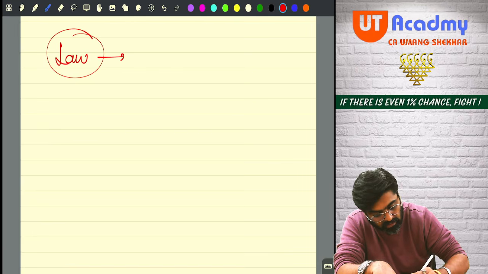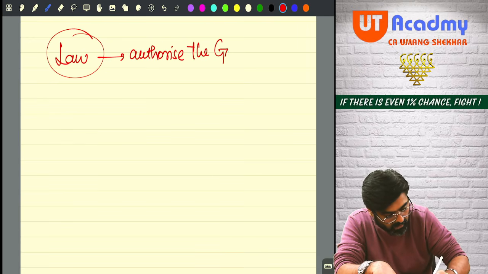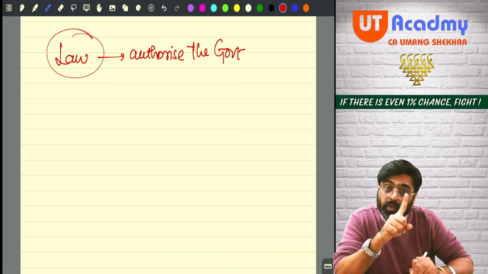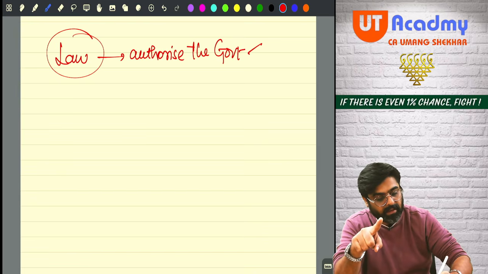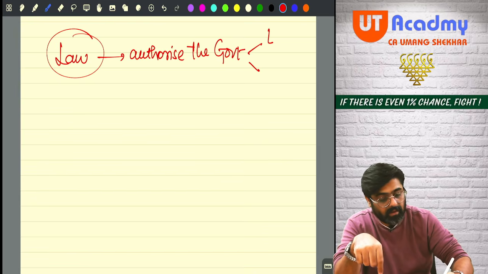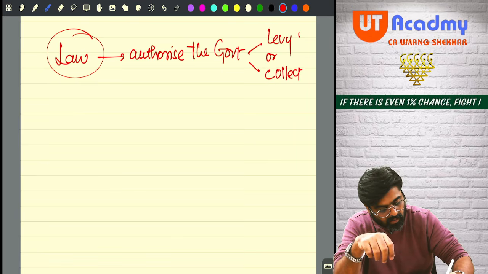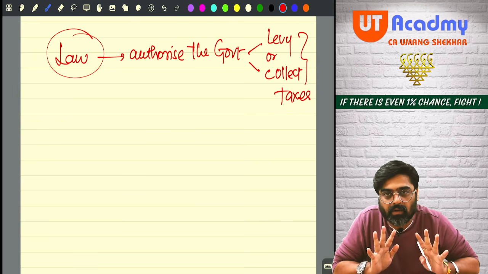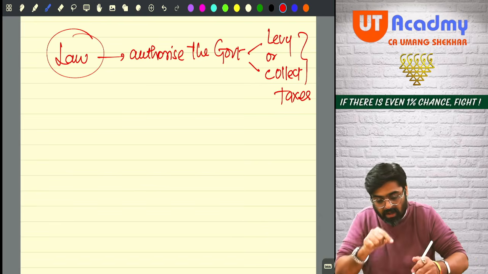This law will authorize the government, and only after getting the authority from the law, the government can levy or collect. Levy or collect what?